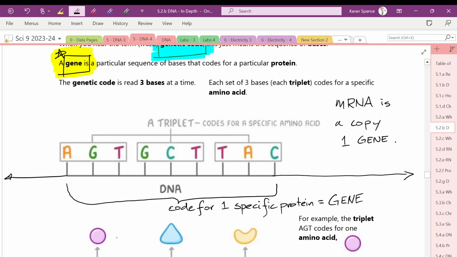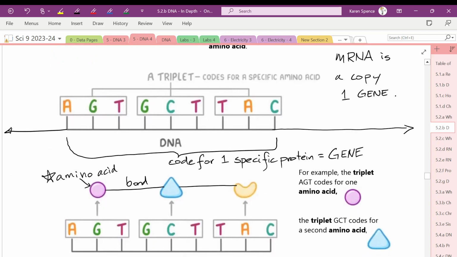When the amino acids get together, they are going to bond to each other. Is amino acid a vocab word? Yes.